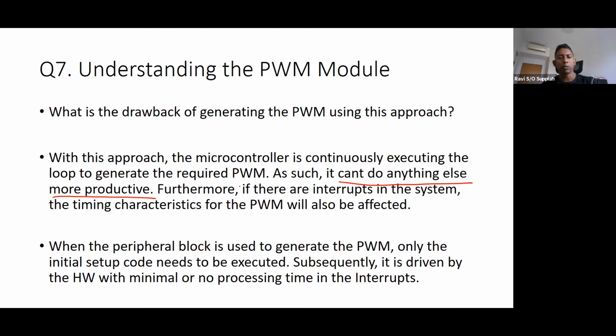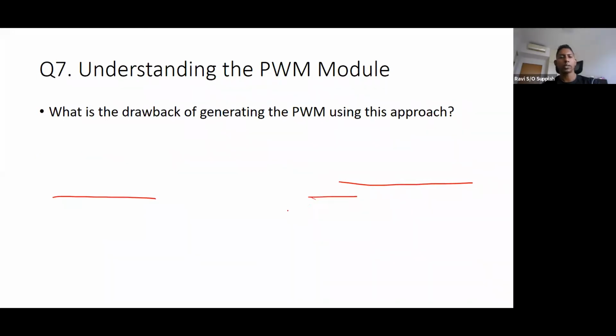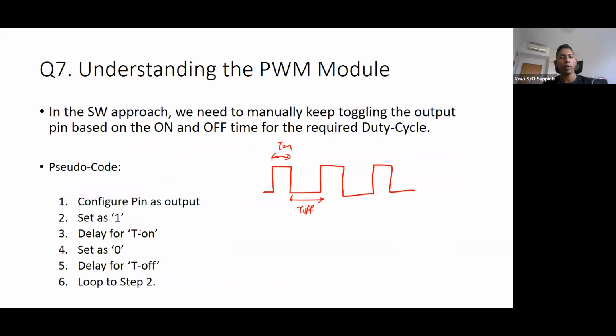You also have to remember if there are interrupts. While I'm doing a delay for T on, what if there is an interrupt trigger, say a push button INT 0? By the time you do the context switch, go to the ISR, finish and come back, you still have to finish up the delay for T on.